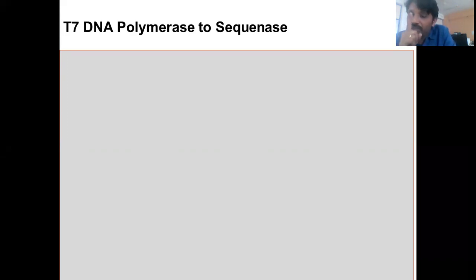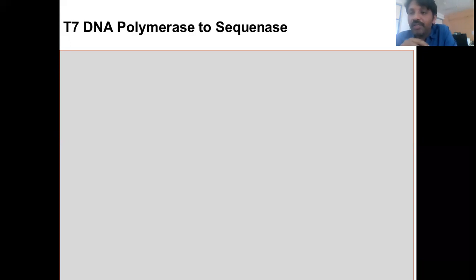One is high processivity, and the second is that it will not discriminate between the dideoxynucleotides and the dNTPs. It can add, at the same frequency, the dideoxynucleotides used in the chain termination reaction and dNTPs. So these two features are very ideal for a sequencing reaction.